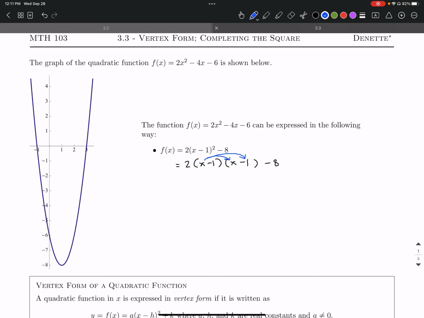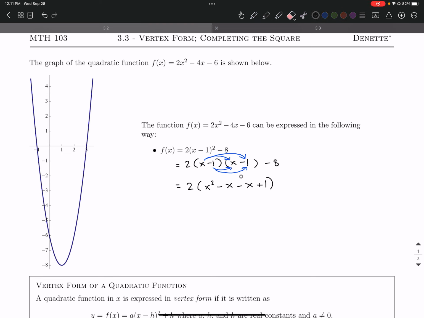I can do x times each term in the second set of parentheses, which will give me x times x or x squared, and x times negative 1 or negative 1x, which can be written as just negative x. And then I can take the second term in the first set of parentheses and multiply it by both terms in the second set of parentheses. Negative 1 times x will give me negative 1x again, and then negative 1 times negative 1 becomes positive 1.